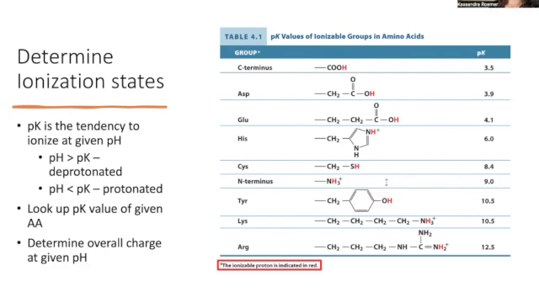You probably do not have to remember this, but know roughly where these are located. So know how to look up the pK value of different amino acids and what they mean. And once you know how to determine the ionization state of an amino acid, you can also determine the overall charge of a protein at a given pH.